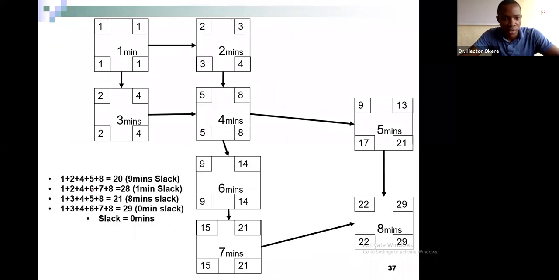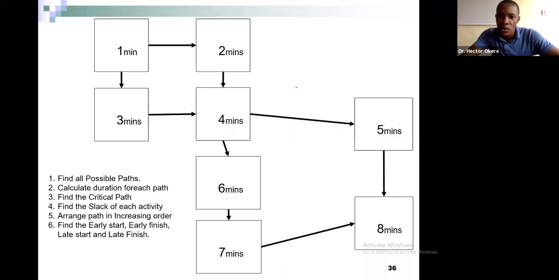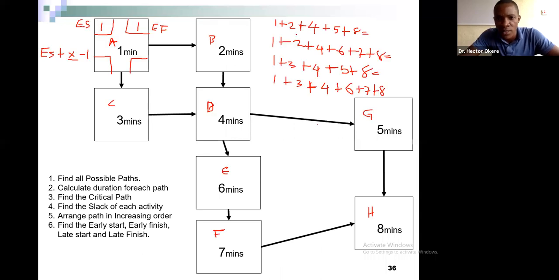This is what you have here. All right, 1 plus 2 plus 7 plus 8. When you sum this up, it gives you 8, 10, 19, 20, 10, 20, 28, 28, 10, 21, 10, 20, 29.